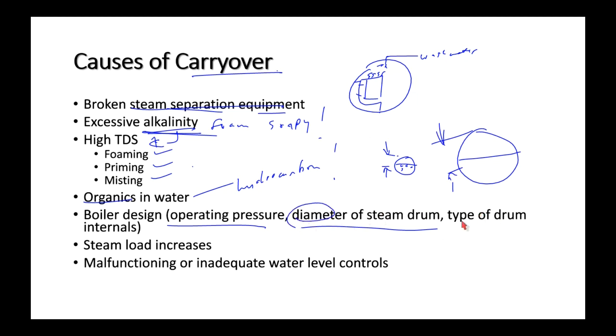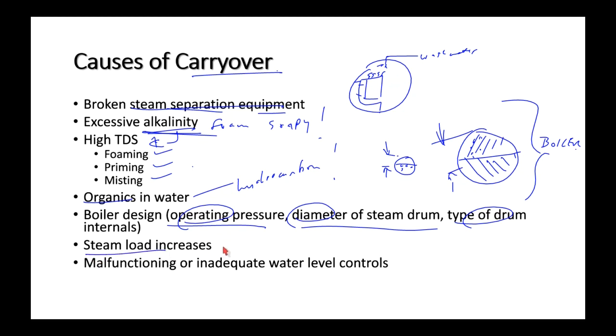So the diameter of the steam drum, the type of the drum internals, and the operating pressure of the boiler all matter. This boiler here might be operating at a very high pressure, and at a very high pressure, the density difference between the gas and the water isn't that great, so the water particles don't disengage very well. We'll take a look at this stuff a lot more next term when we go into boiler designs.